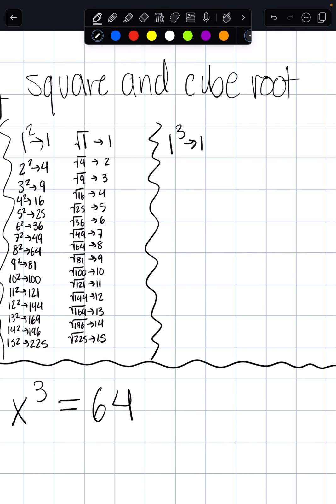Okay, 1 cubed is still 1. 2 cubed is 8. 3 cubed is 27. 4 cubed is 64. 5 cubed is 125. 6 cubed is 216. 7 cubed is 343. 8 cubed is 512. 9 cubed is 729.